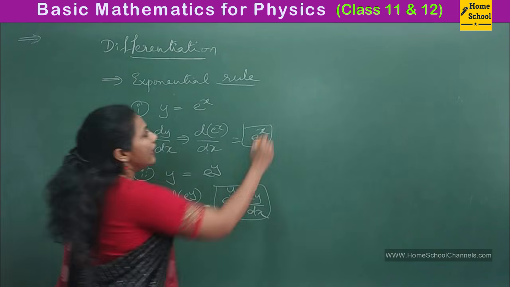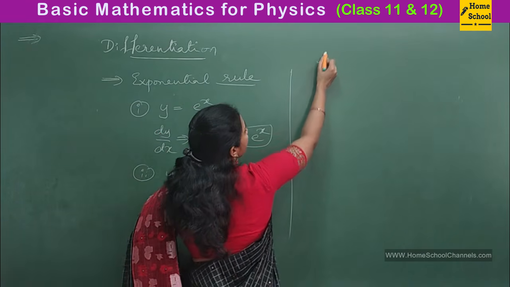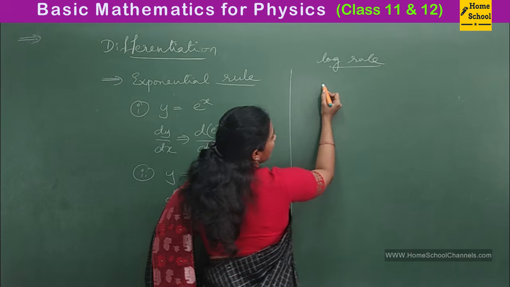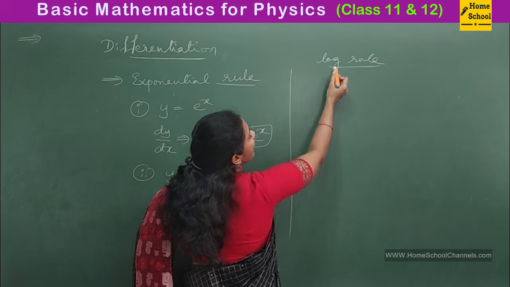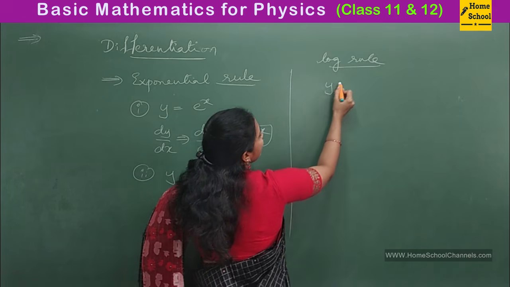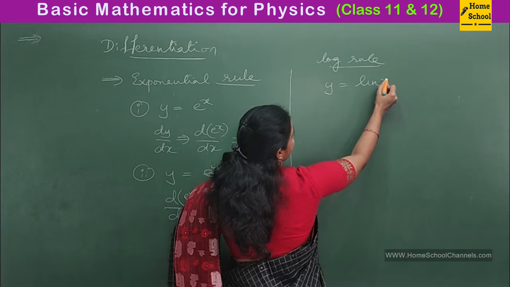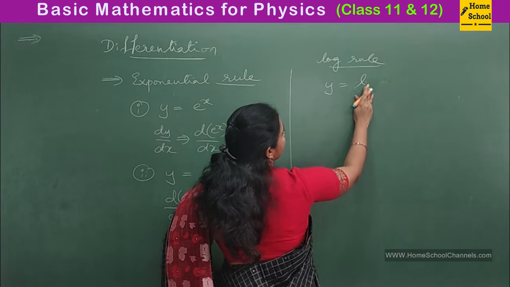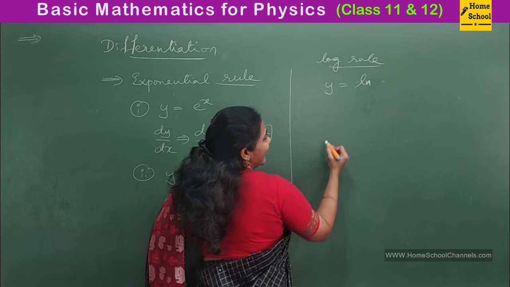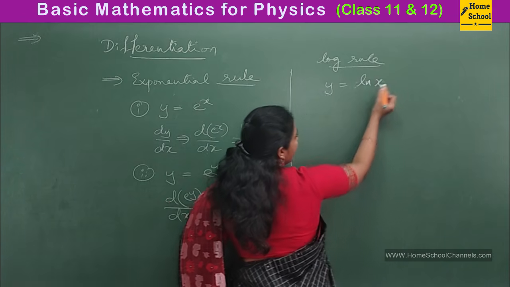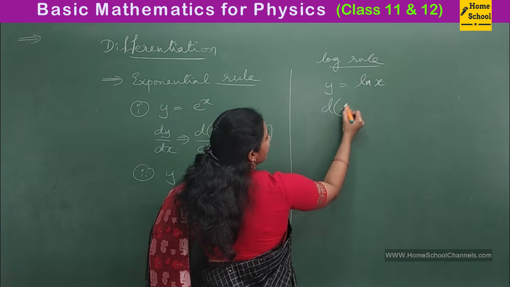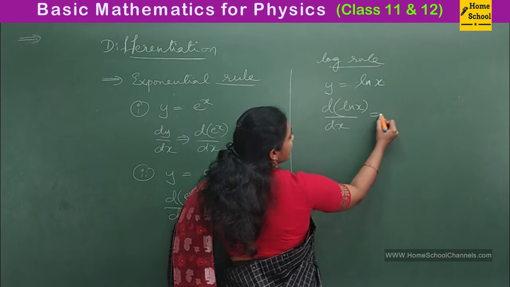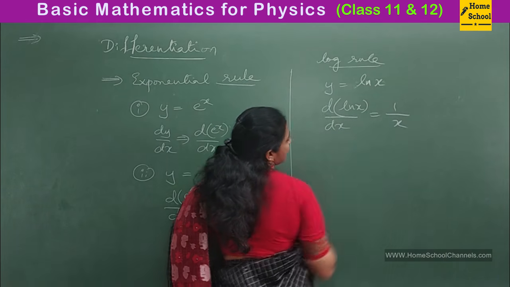Coming to the log rule. How to differentiate logarithmic functions? Say if y is equal to ln x, where ln is nothing but the natural logarithm, then differentiation of ln x with respect to x is always 1 by x.